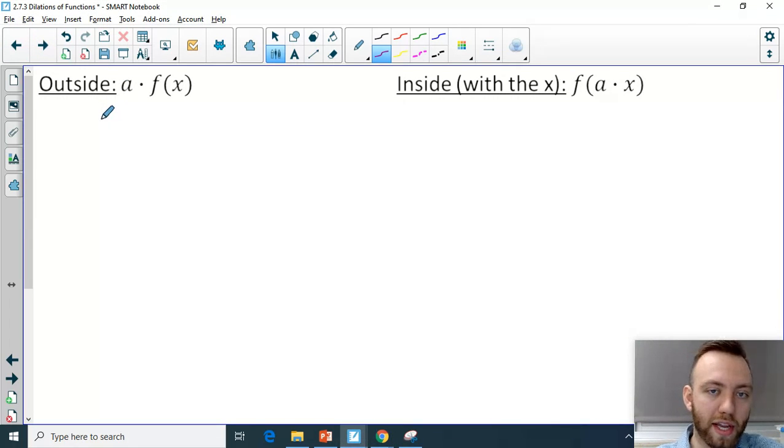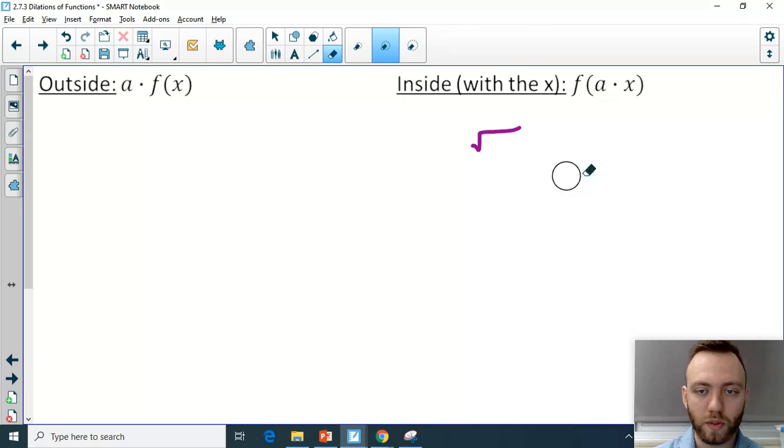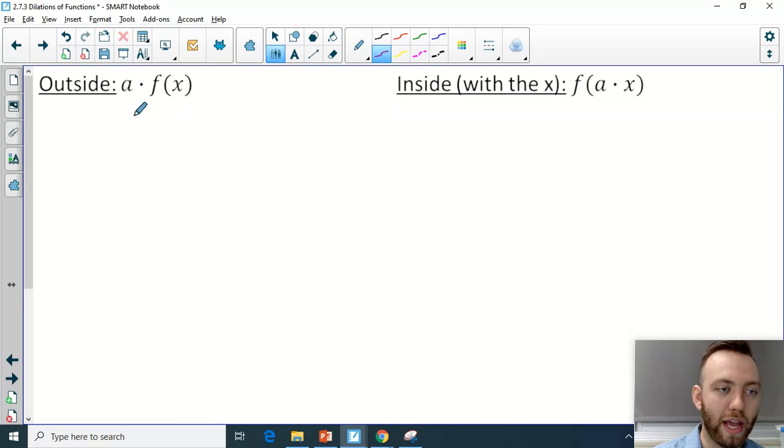So when we're talking outside of a function, we're multiplying straight up just outside the function, and then inside, or with the x, is what I like to say. And I think we are probably getting used to these things by now. Let's write down what happened when we multiplied by a.